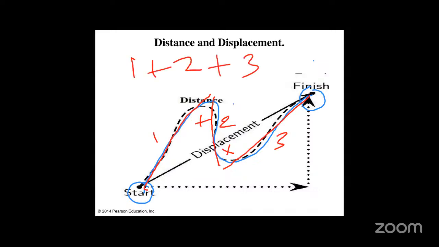Displacement will be the difference between the final and the initial. So let's assume that the initial here is 0, the starting point. The final point here is 5. Final minus initial. Final is 5, initial is 0. So displacement is 5 meters.